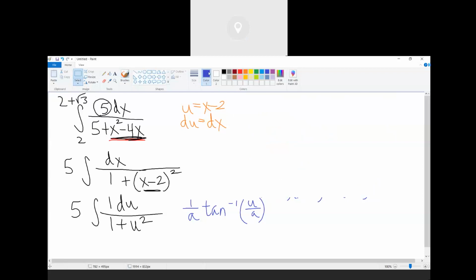So up here we have now 5. A is 1. This fits the form a squared plus u squared. So a is just 1. So we have 5 inverse tangent of u over 1, or just u.